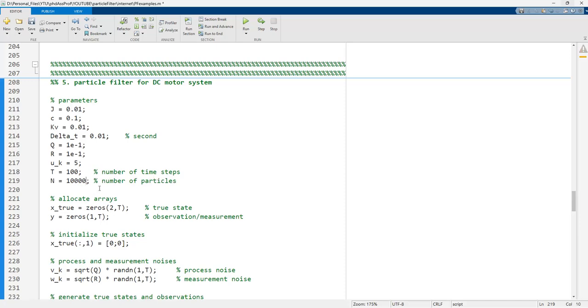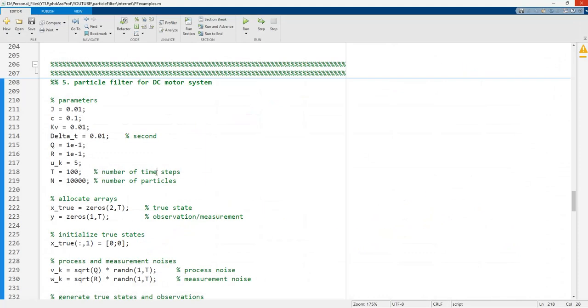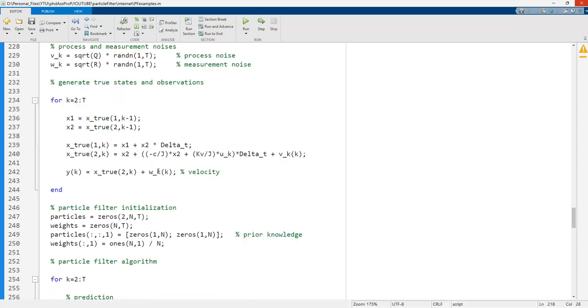And also we can take n equals 10 times, and so just see that our position values, true position and estimated position, have small error values, but just see that the red line, estimated velocity, is the more straight line, and the RMS value error between the true velocity is smaller than the sensor velocity.